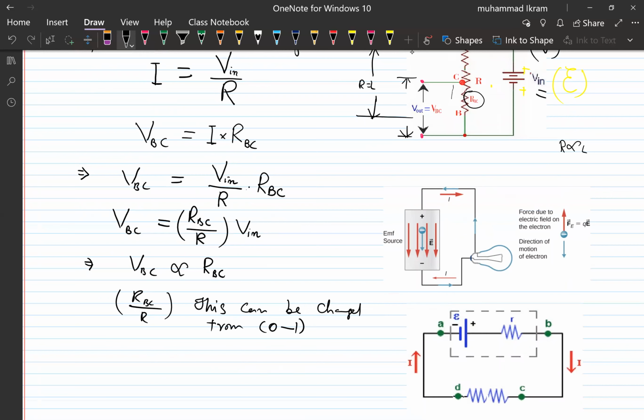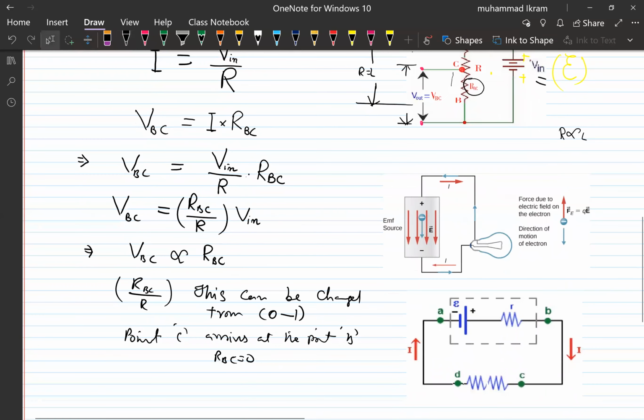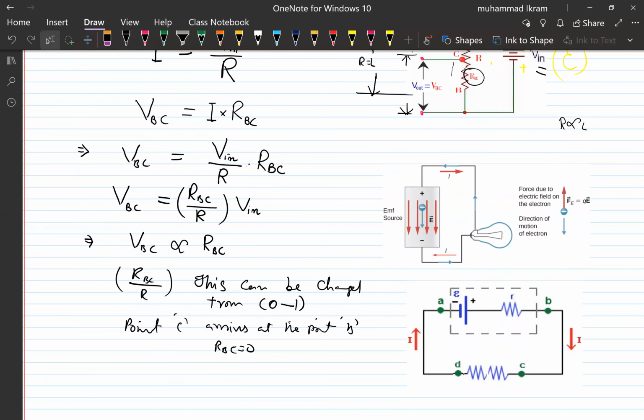When the point C arrives at the point B, RBC becomes 0 and the potential difference will be 0 at this point.